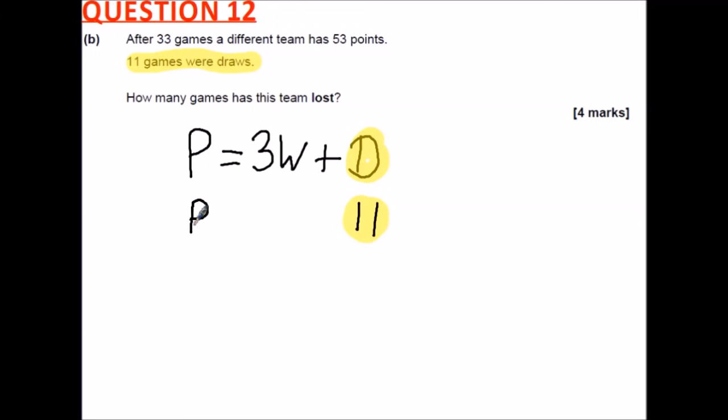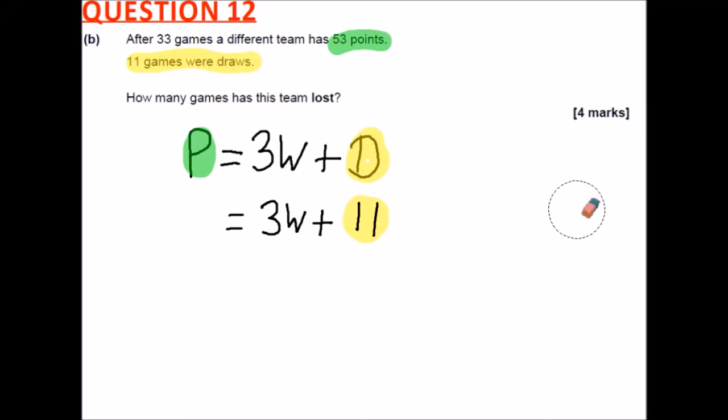So the number of points they've got equals 3W plus 11. But again, it says here that the team has 53 points, so we can also add that one in. So if a team has 53 points, we can replace the letter P with its value.